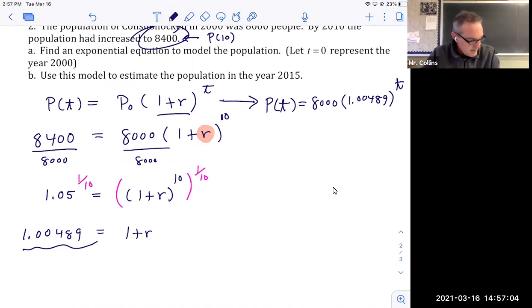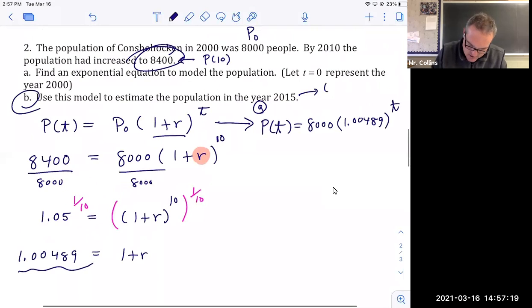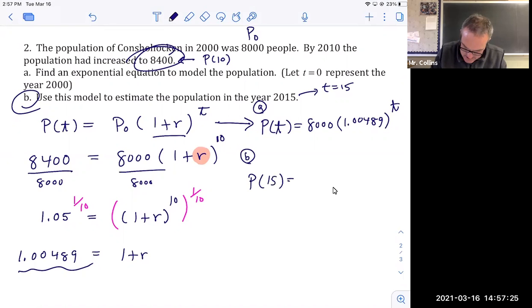And again, they said, well, hey, use this. We're on part B now, I guess. I guess that was the answer to part A. We found the exponential model. That's surely the hardest part. And then they want the year 2015. Don't forget, we started at the year 2000. So this is year 15. So for part B, I'm going to plug 15 back into this.